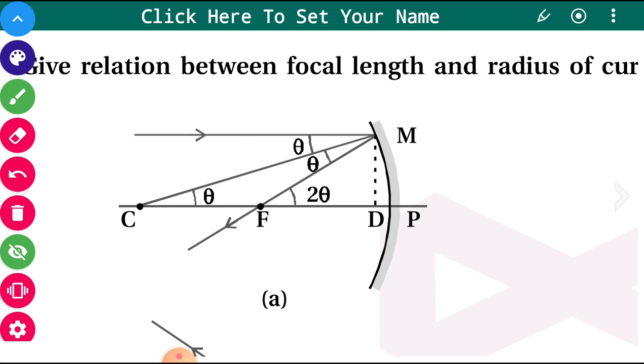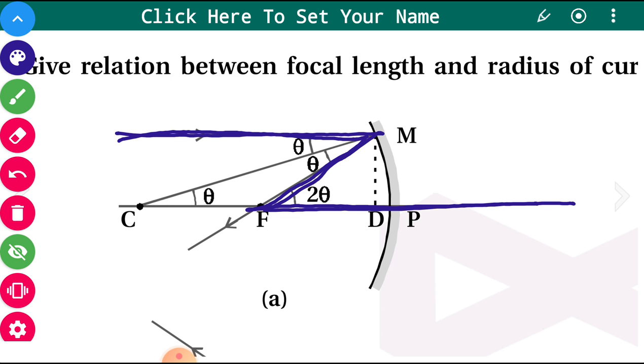And if you try to understand this part, this is also a Z. Okay, again I am drawing it for you. See this type, this angle I am talking about. Okay, this is also another Z. Okay, alternate angles, and this angle is 2 theta.